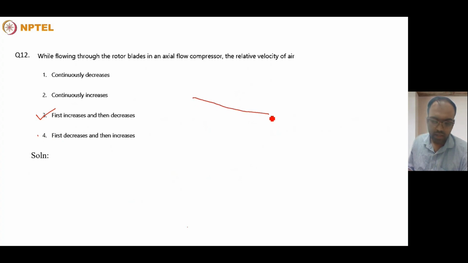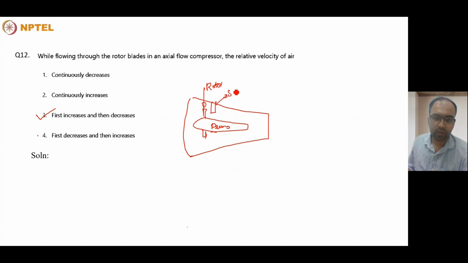What happens is that in the case of an axial flow compressor, this is the middle drum. There are the rotor blades. Then there is a stator. And the same pattern continues.